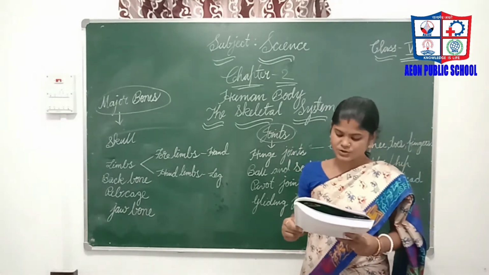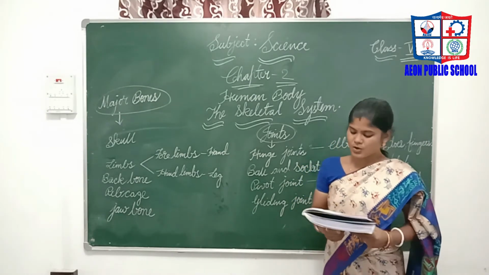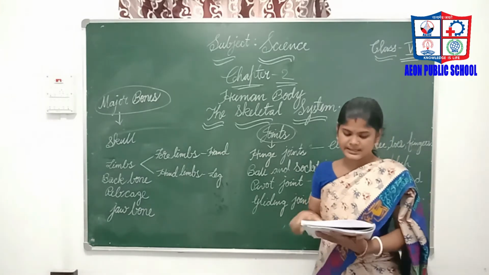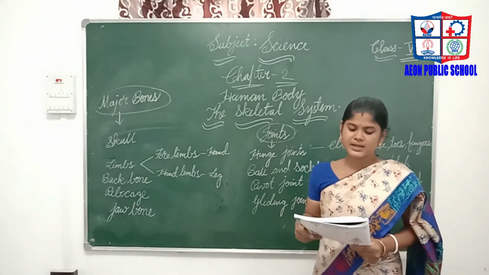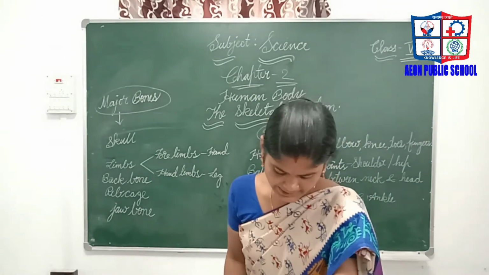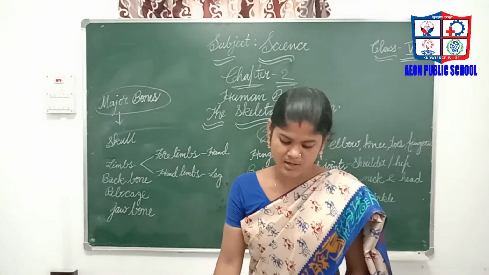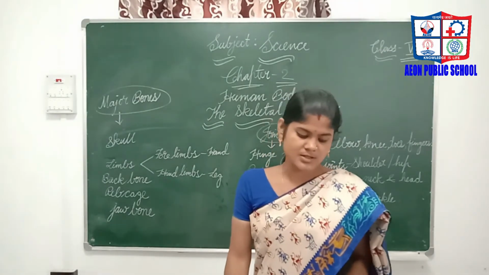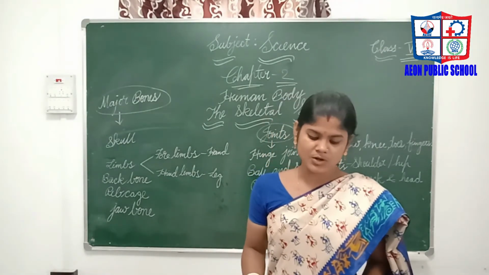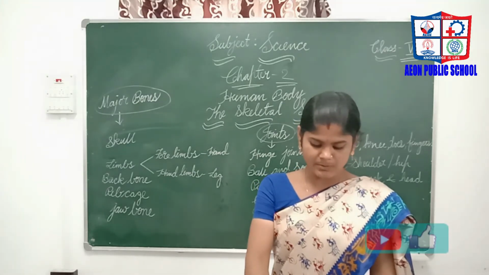The skull consists of a total of how many bones? There are 22 bones. Of the 22 bones, see the next page, 8 bones make up the protective frame around the brain, and the remaining 14 bones make the upper and lower jaw. Except for the lower jaw, all other bones in the skull are fixed and hence immovable.